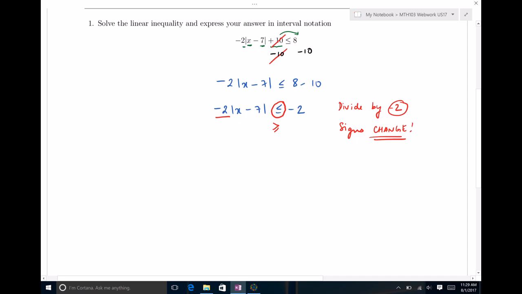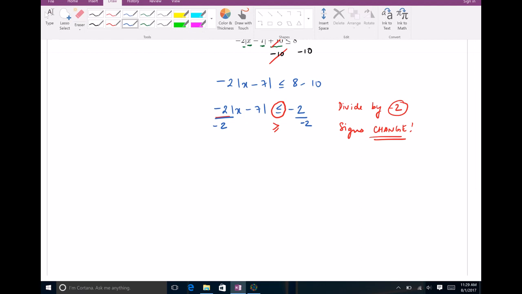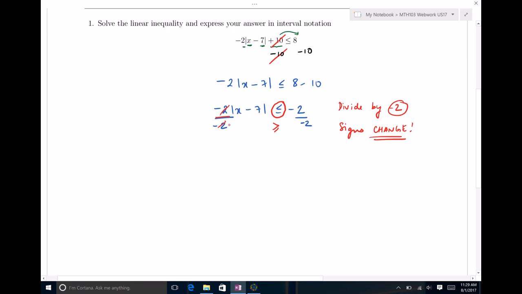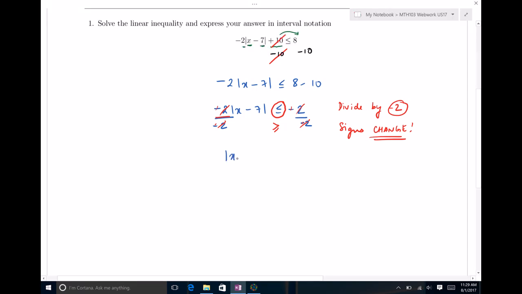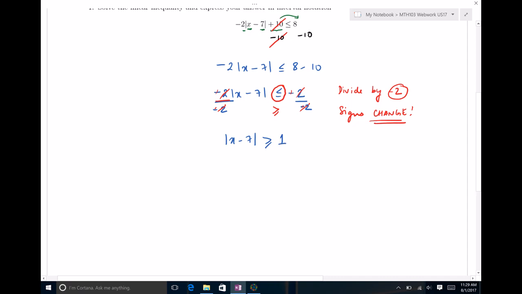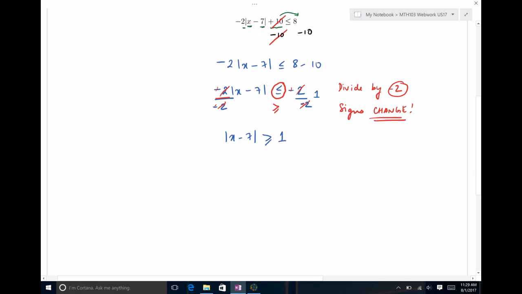And so if I divide both sides of this equation by negative 2, I will be able to cancel the negative 2 from the numerator and denominator along with a negative sign, but the condition is that the sign flips. So I'm going to rewrite this equation as the absolute value of x minus 7 is greater than or equal to negative 2 over 2, which is positive 1. Let's write that here so we know where that came from.